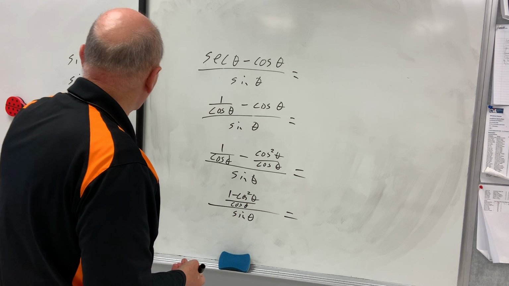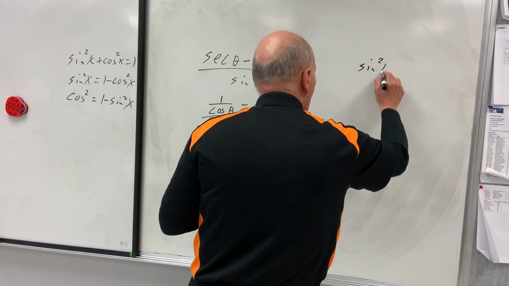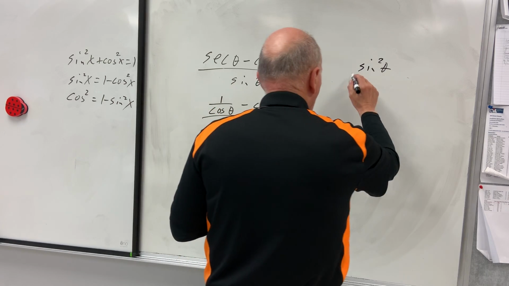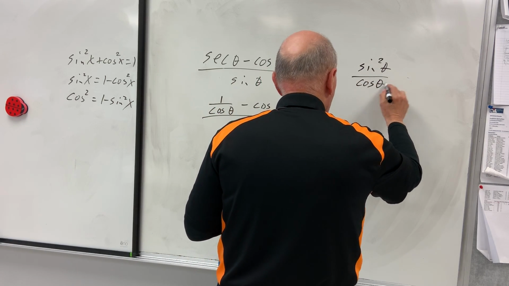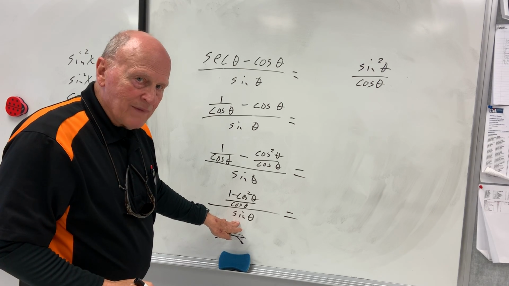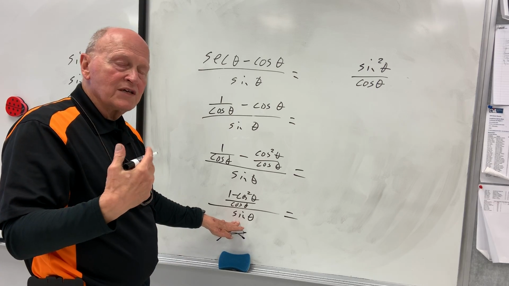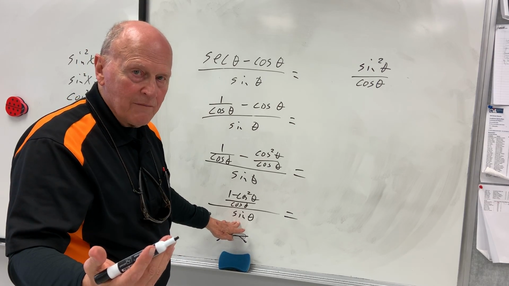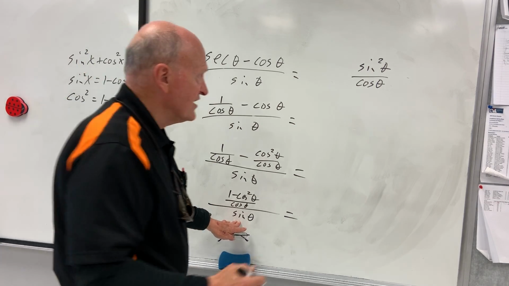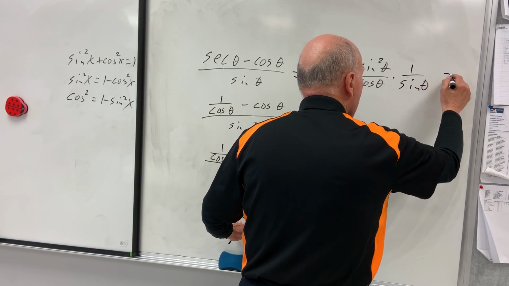All right, so that being the case, I've got 1 minus cosine squared. 1 minus cosine squared we know is sine squared. So I have sine squared theta over cosine theta. Now I'm dividing by sine. Divide by sine means the same as to multiply by its reciprocal. To divide by 2 is the same thing as multiplying by half. Dividing by sine theta is the same thing as multiplying by 1 over sine theta.